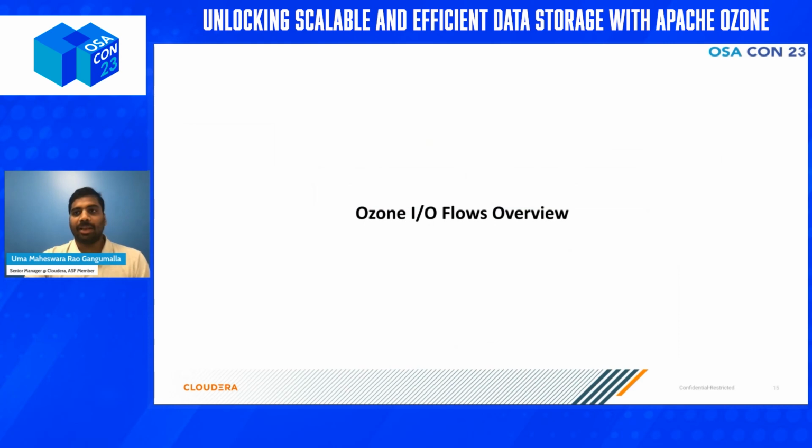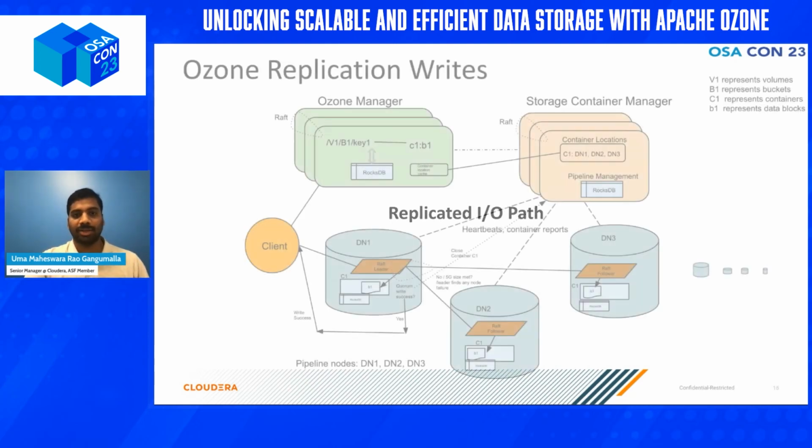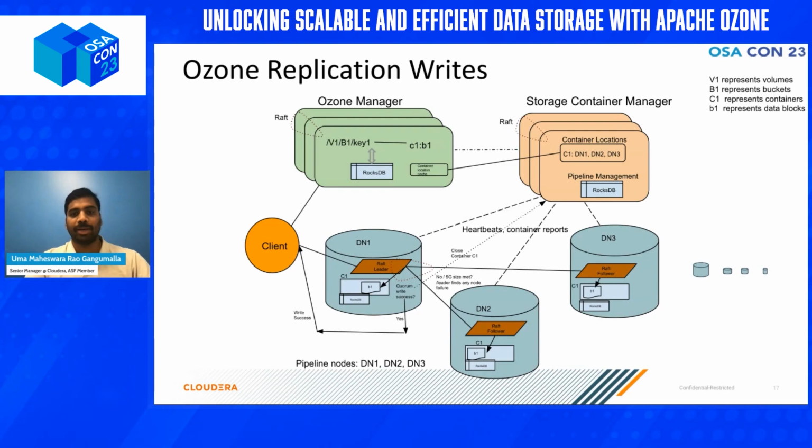Let me quickly look into the IO flows. As I said, we have two IO flows: one is replicated and the other is erasure coded. I'll quickly go through the replicated flow. In the replicated flow, we use Raft, so the client will send the data to the primary leader.